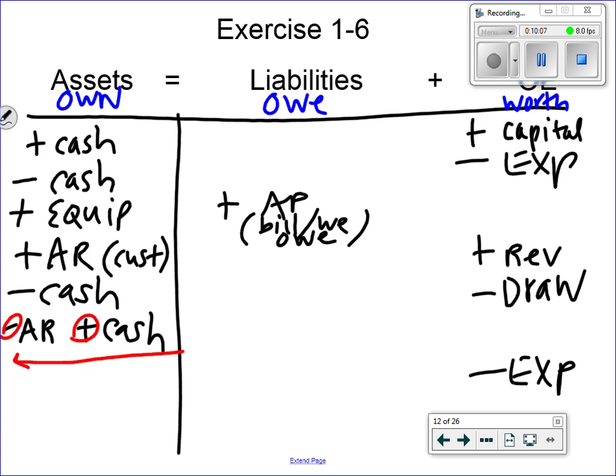What did we do? Why did the AP go up? Because expense went down. Just like what happened here. We have a plus, a minus, and it's exclusively on the one side of the big T, so we're good to go.